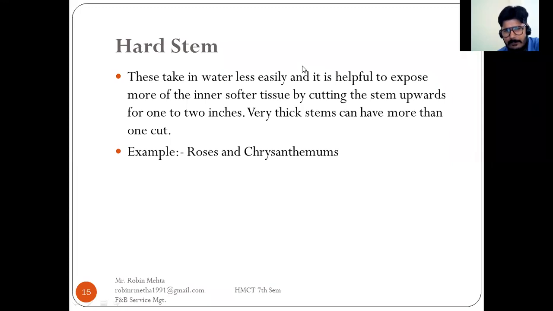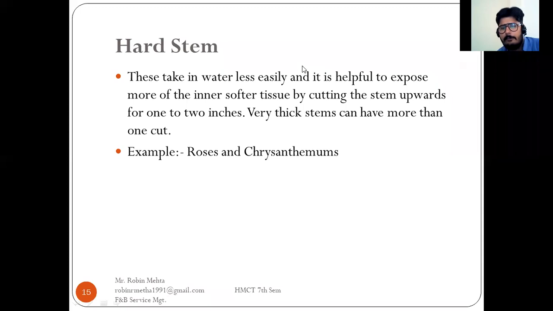The inner tissues are much softer when you cut the stems 1 or 2 inches, and harder stems may take more than one cut.